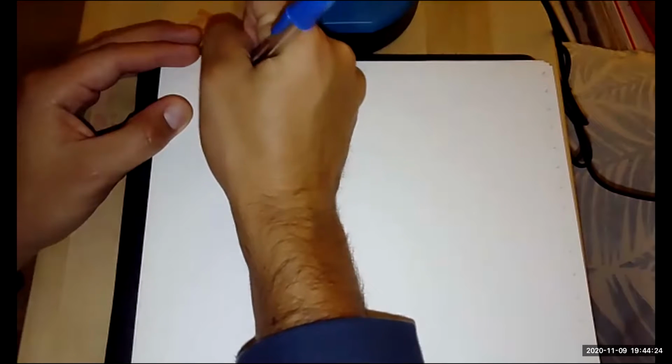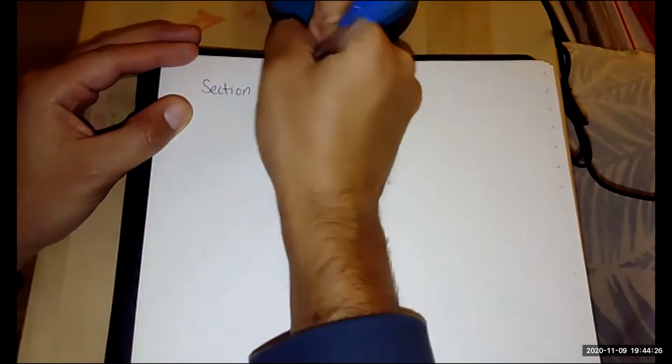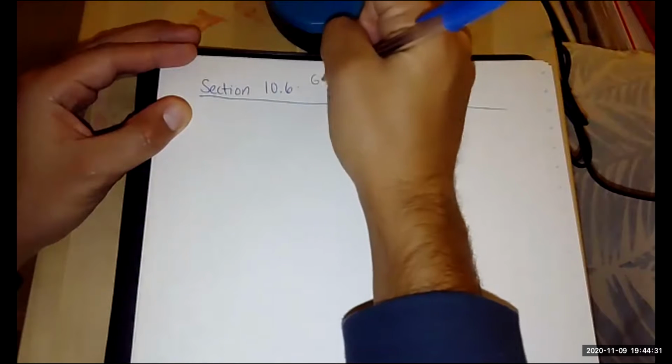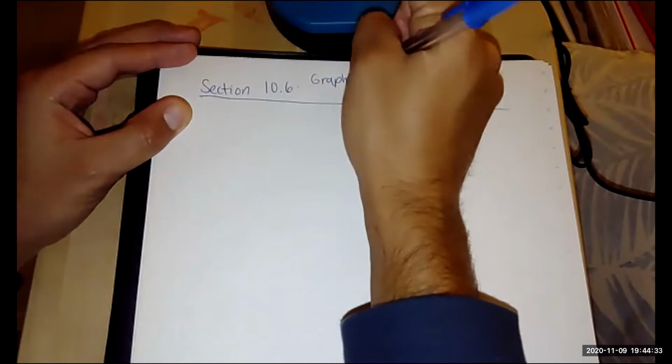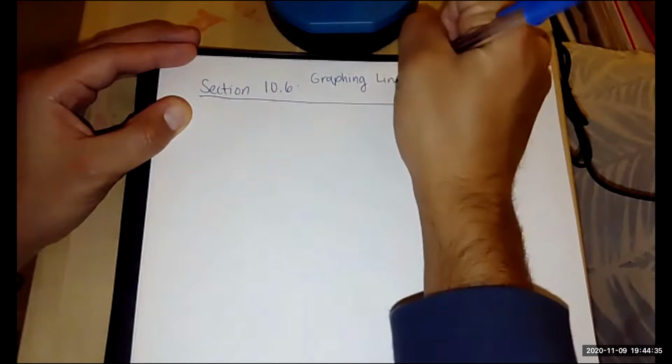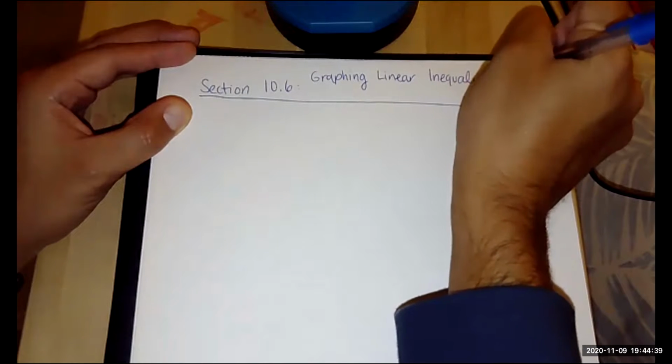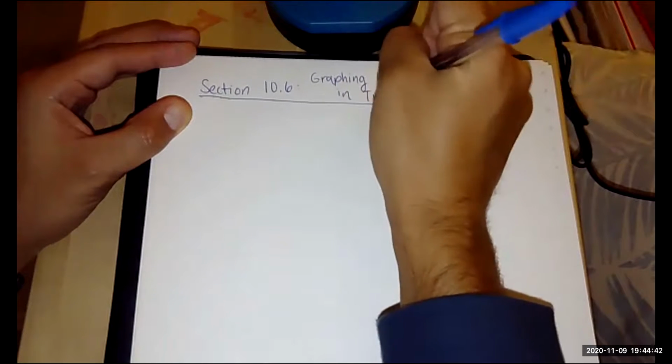So section 10.6 is all about graphing linear inequalities in 2 variables.